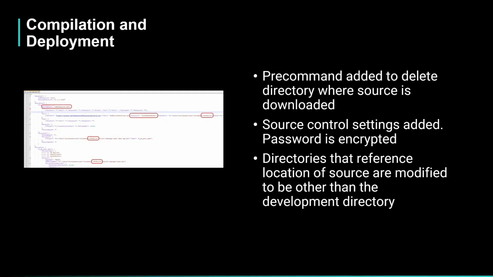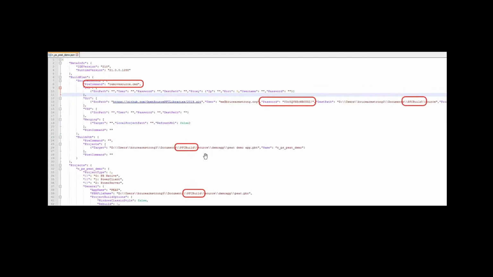And this shows what it looks like. That's a little hard to read, so I am going to zoom in here a little bit. This is the JSON file that's created, and I've made a few changes to it.